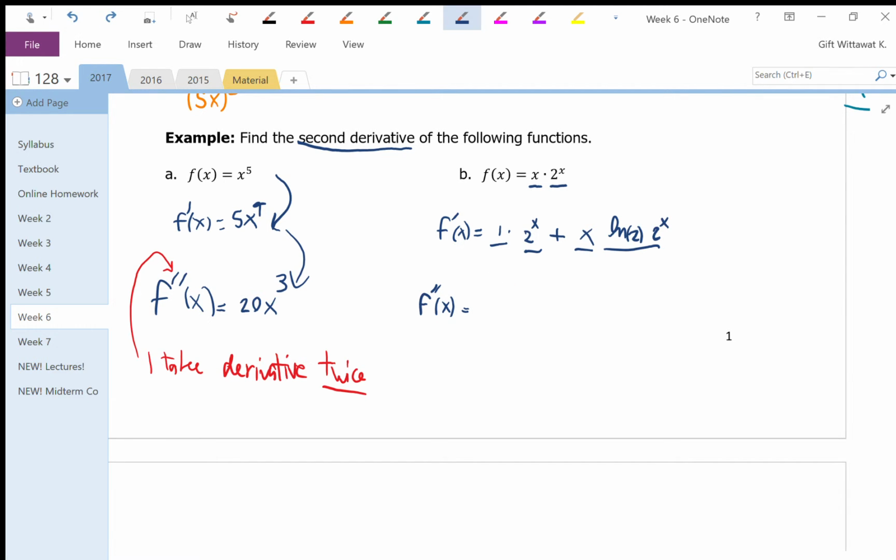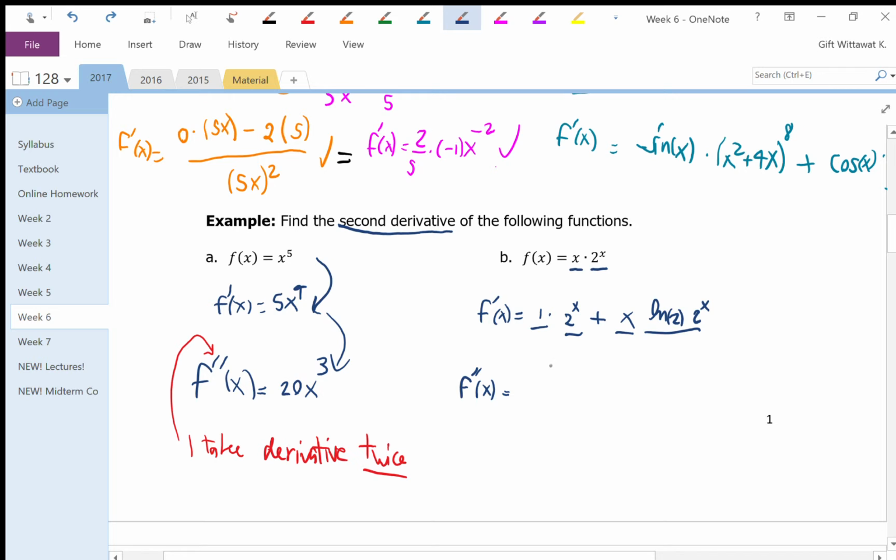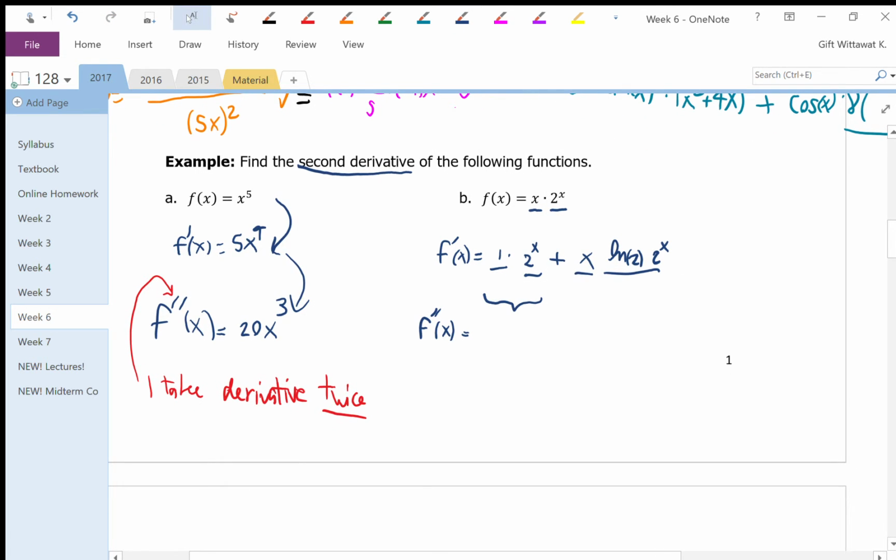Even though it seems like I have two things multiplied, I don't have to use the product rule again because 1 is just a constant. So the derivative of 1 times 2 to the x is going to be just the derivative of 2 to the x, and the derivative of that is going to be just log of 2 times 2 to the x. So that's the derivative of my first term.